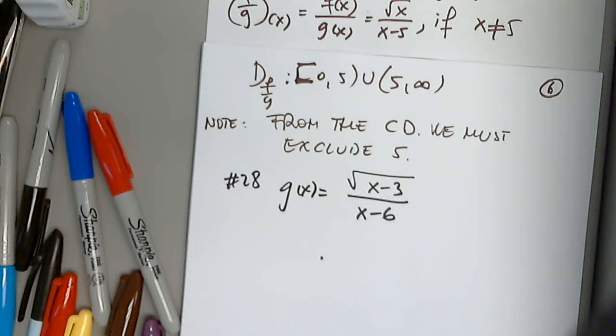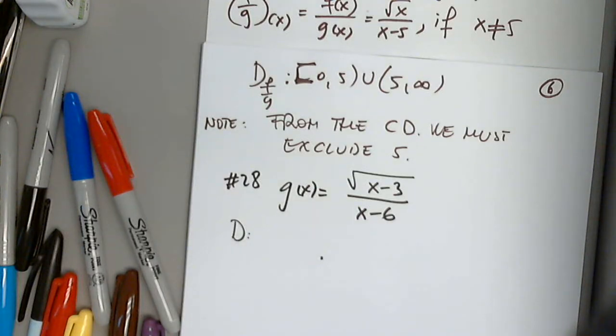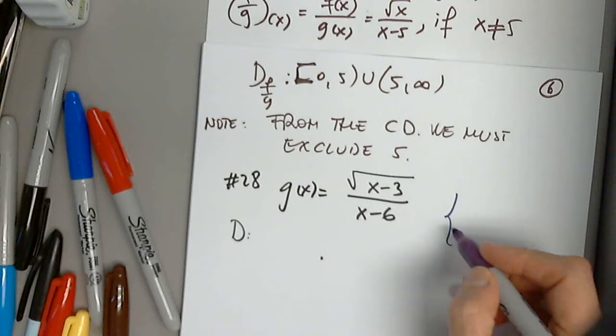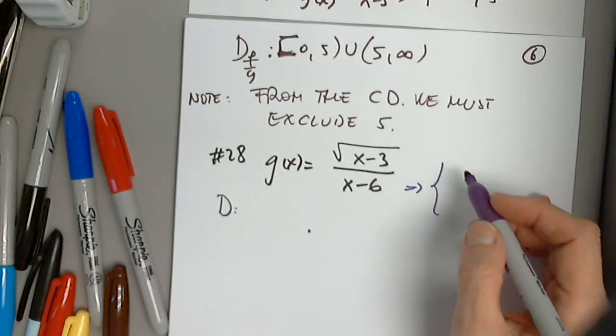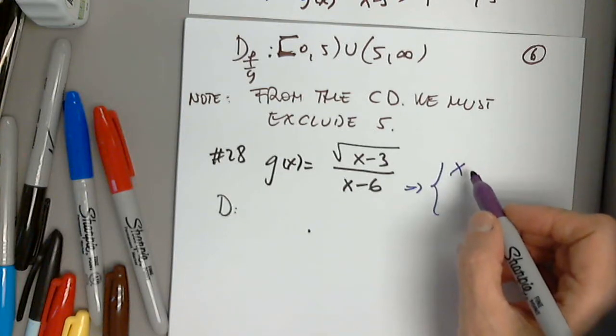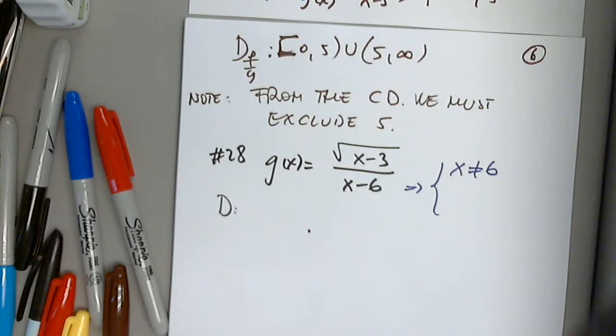Function from the top and function from the bottom. However, here we are only asked to find the domain. What do I have to write in order to find the domain? One thing is for certain: x minus 6. Very good. As we know, we've done that so many times. Absolutely. The denominator cannot be 0.